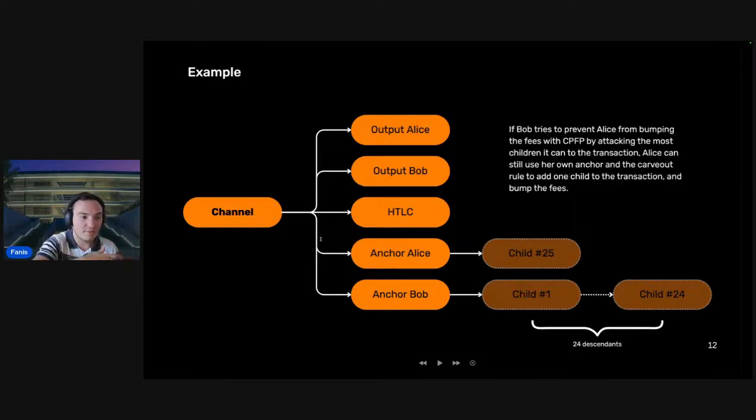For example, one of the limitations, which I mentioned earlier, is that the parent transactions must still pay enough fees to be above the dust limit, the current dust limit. And each mempool has its own dust limit.